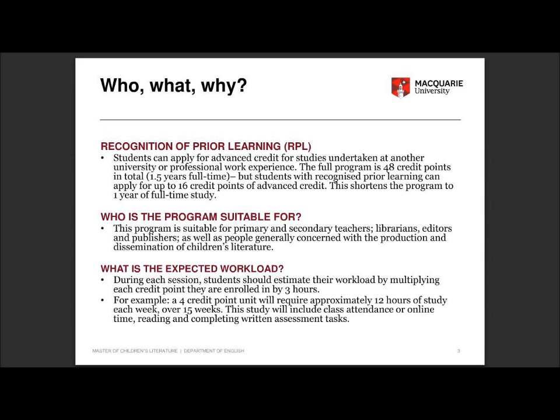So what that means is that if you have been working in a relevant field for more than 3 years, then you can actually get credit for 6 months of the program, and you can change the 1.5-year full-time program into a 12-month program. So I think that's quite an attractive option for a lot of people.